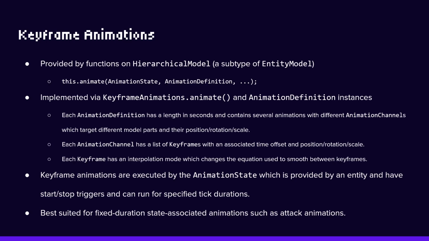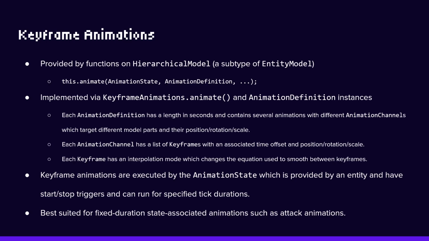So a channel is one specific thing to animate. Each channel has different keyframes, which have a time offset and their actual value, so position, rotation, or scale for that channel. And each keyframe has an interpolation mode, which changes how they smooth between the keyframes. In between the keyframes, it can be a straight line, it could be exponential, or a curve, ease in and ease out, that sort of thing. So each keyframe has its own interpolation method you can define.